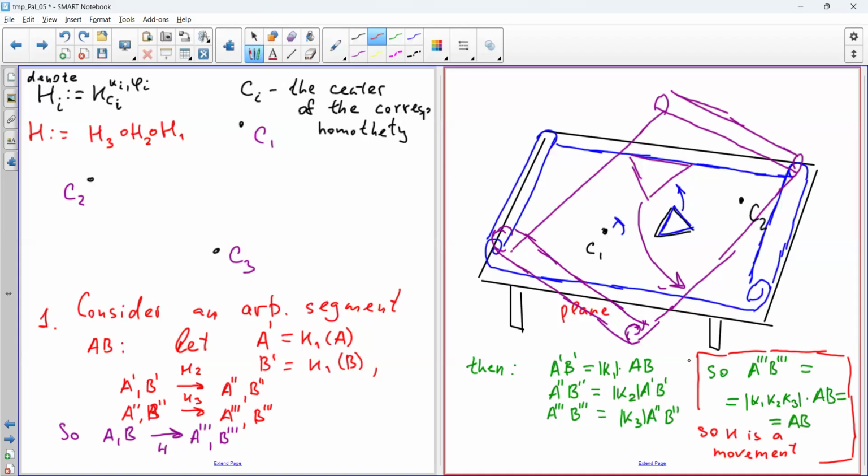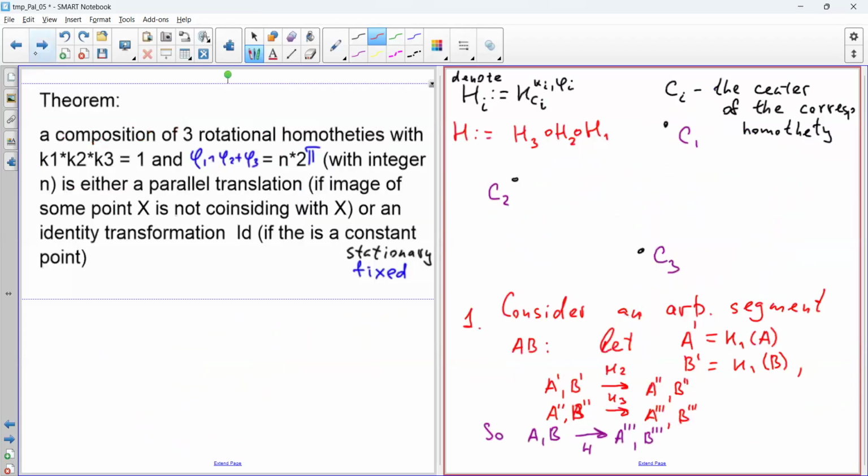So if we had a triangle, for example, it would always be a congruent triangle, one particular outcome. But what we need to show is a more strong condition. We should show that it's the identity transformation or a parallel translation.